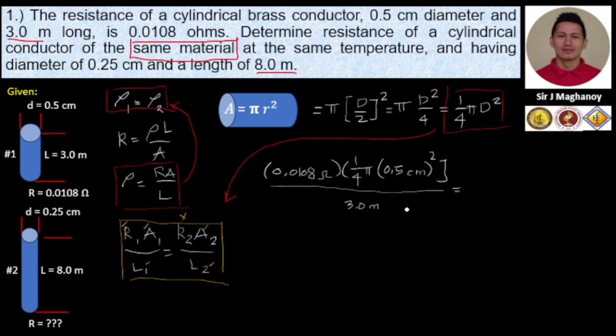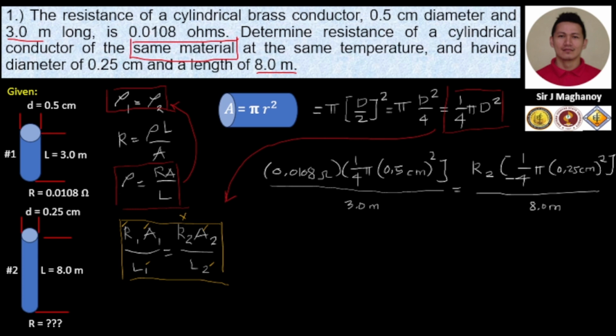On the other side, we have our unknown, R2, and our cross-sectional area, 1/4 pi, the diameter, which is 0.25 centimeter squared, all over the length, which is 8 meters.